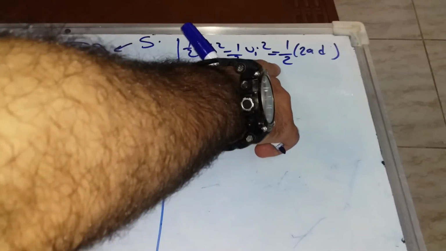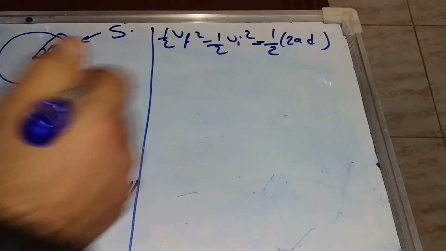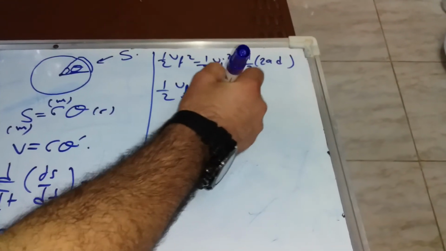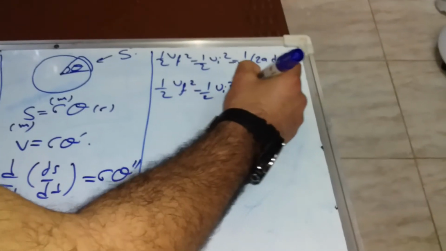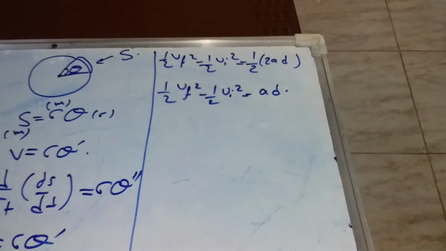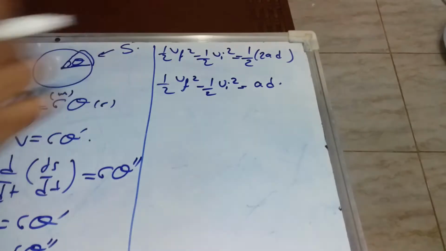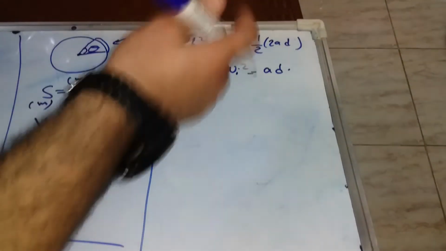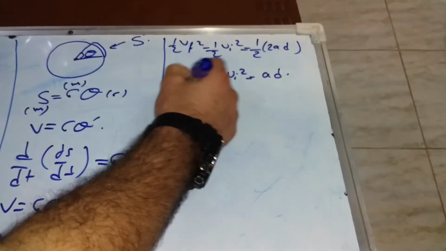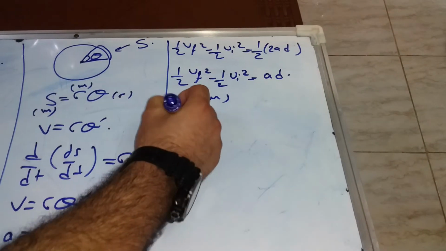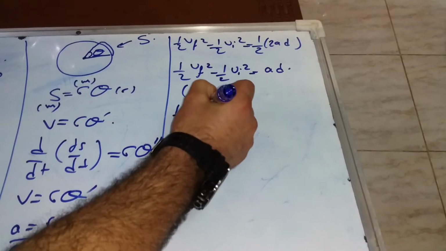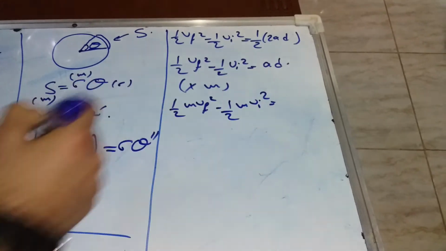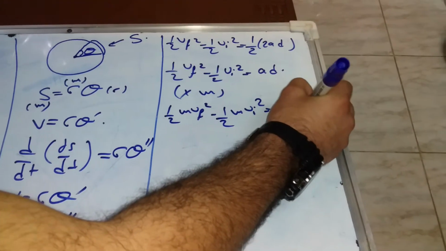Then the 2 down here will cancel the 2 up there, and we end up with the following equation: half v final squared minus half v initial squared equals a d. Then if we multiply this equation by the mass of the object on both sides, we end up with half m v final squared minus half m v initial squared equal to m a d.